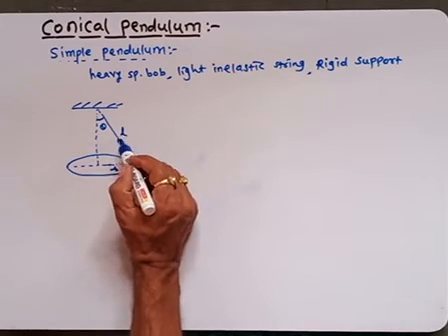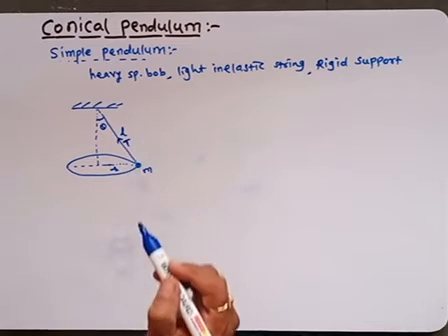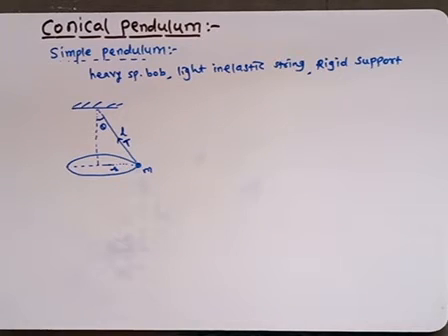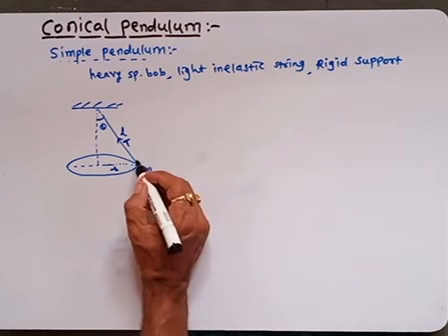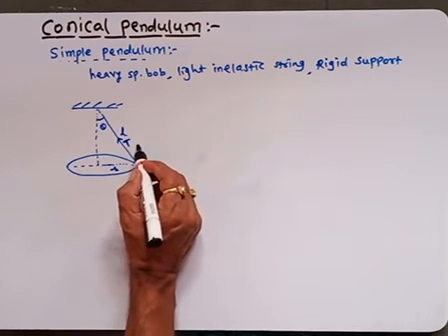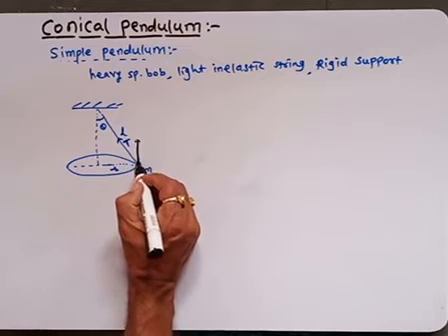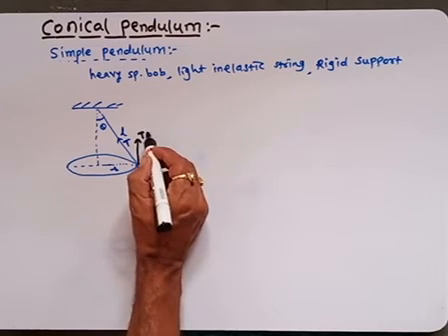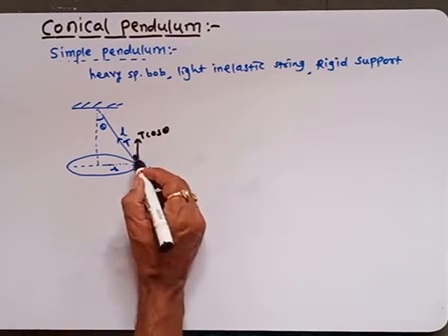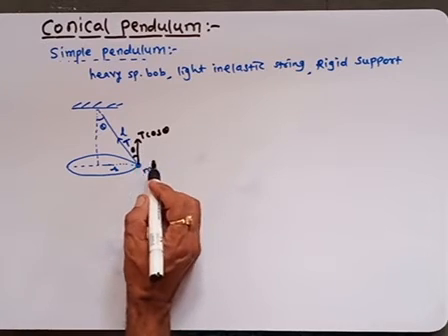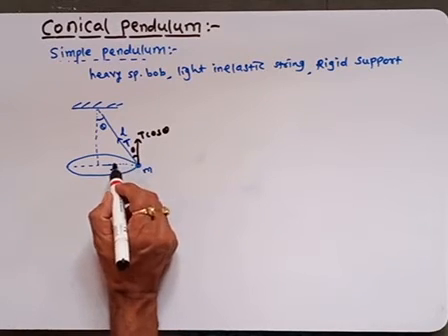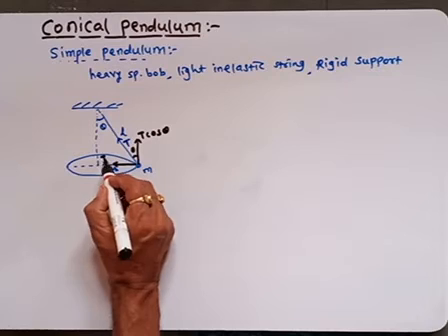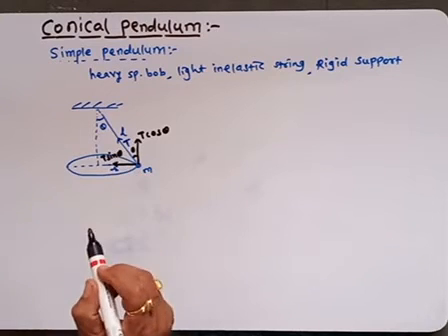Suppose T is the tension in the string. This tension T can be resolved into two components: T cos theta, because this angle is also theta, and T sin theta.